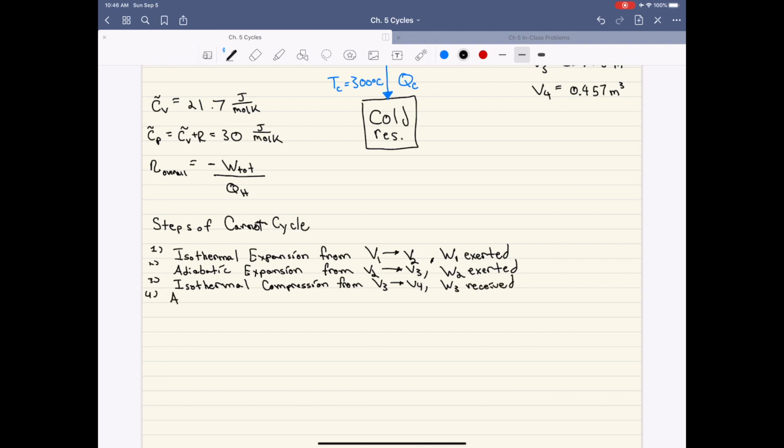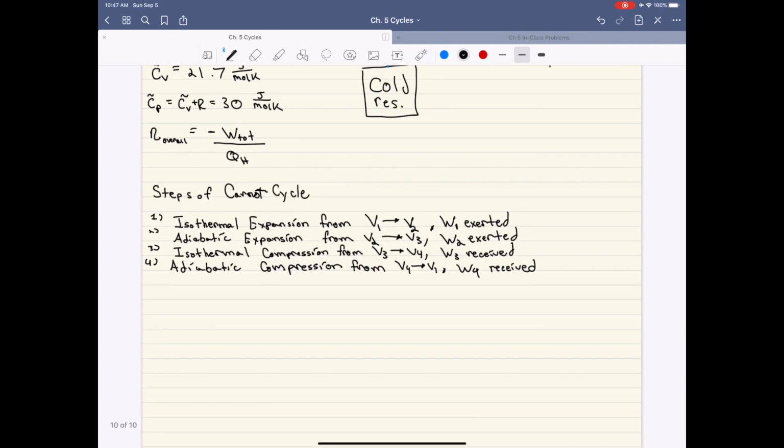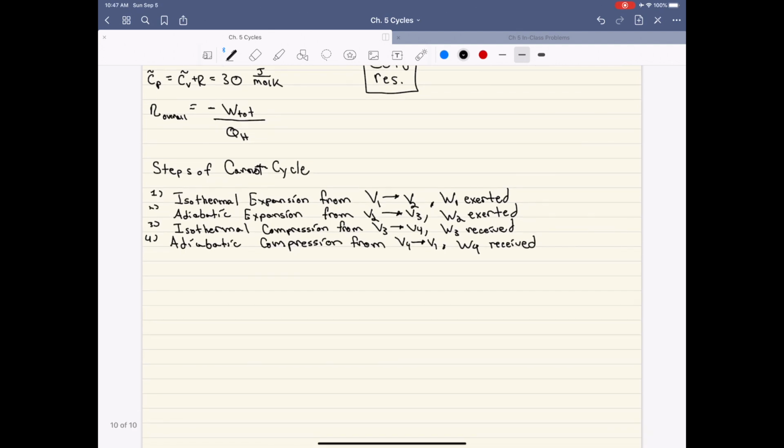The final step is an adiabatic compression from volume 4 back to the first volume. In this compression, work will also be received by the gas from the surroundings. This is just writing out what each of the different steps are.